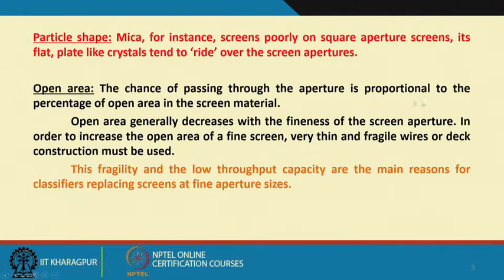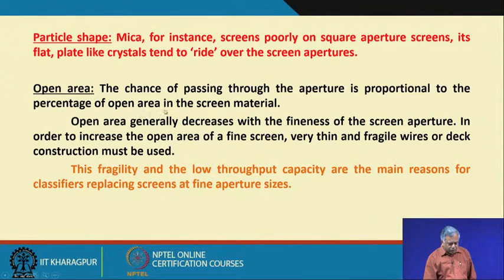You have to give prolonged life as well as maximum aperture area. So, the material scientists play a huge role here. The chance of passing through the aperture is proportional to the percentage of open area in the screen material. We have already derived this and shown how to calculate it. Open area generally decreases with the fineness of the screen aperture.